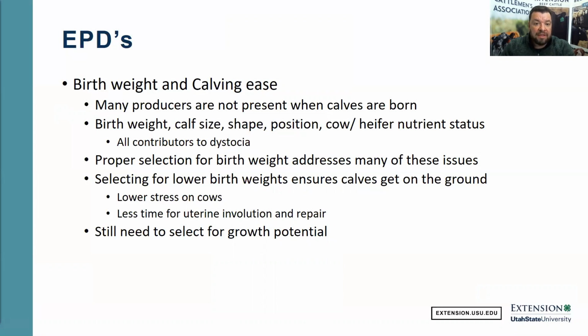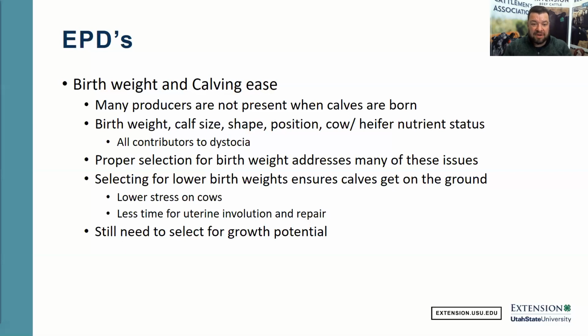Now, the other thing that we need to look at is the reason I look at birth weight instead of calving ease in general. If you look at the things that cause dystocia: larger birth weight, calf size, shape, malpresentation of the position of the calf, cow or heifer nutrient status.